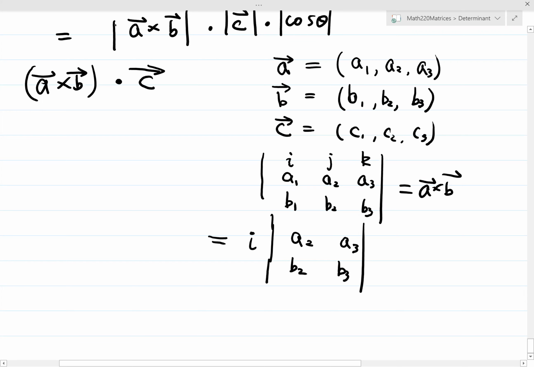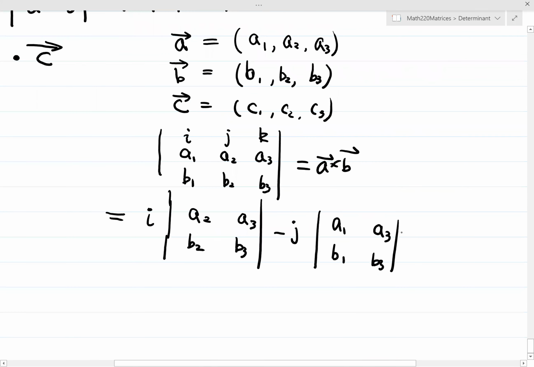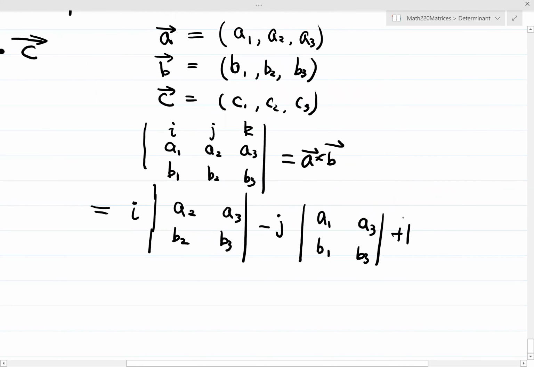Minus J, cross out the row and column that contains J, so we get A1, B1, A3, B3. Plus K, cross out the row and column that contains K, so we get A1, A2, B1, B2.